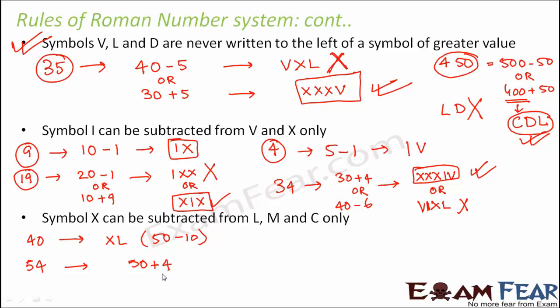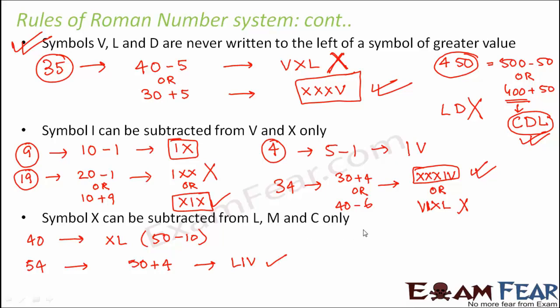But then again, if you write it as 60 minus 6, you will see that this X is present before multiple L, M or C's. So that is why 50 plus 4 is written as something like this, and this is the right way of writing 54.